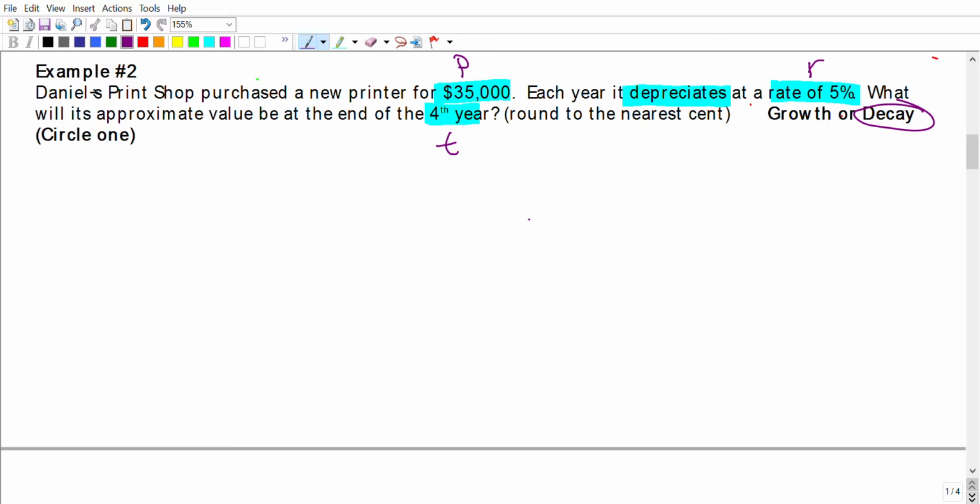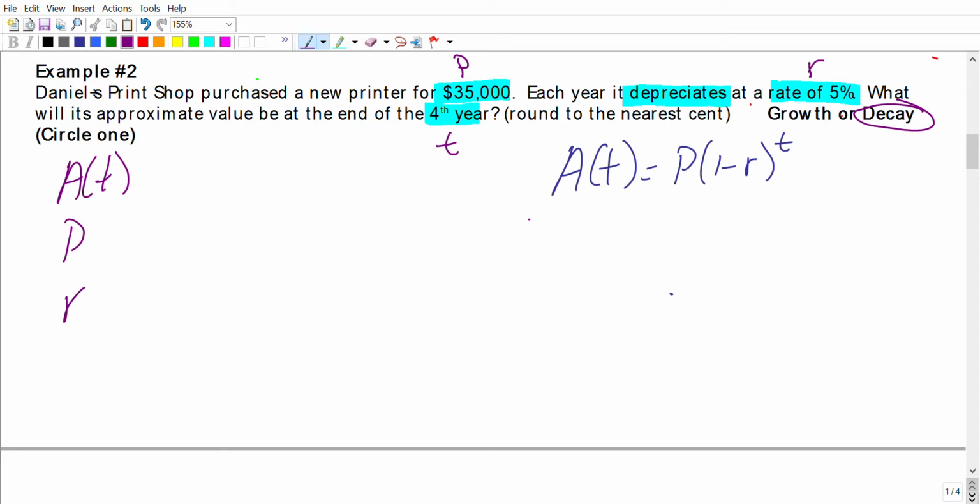So again, off to the side, let's go ahead and start writing down what we need. Well, this is a decay, so I'm going to use A of T equals P times (1 minus R) raised to the T. Off to the side, I'm going to write down every single value I have in my problem. All right, so I know my P, that's $35,000.